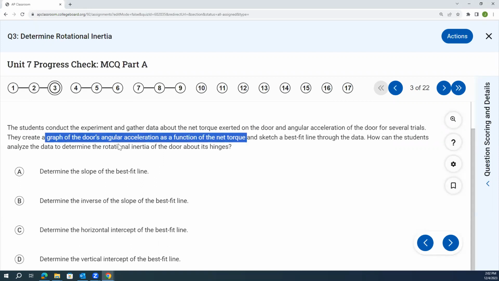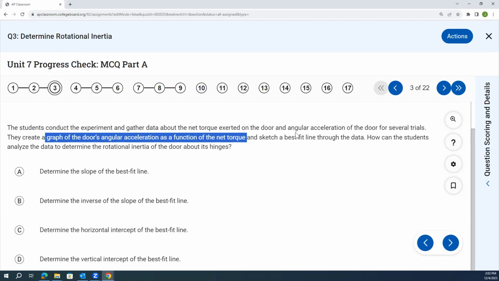Now angular acceleration may be something we could calculate. It was one of those middle calculation steps we were thinking about earlier, right? How far did it turn? How much time? We could set up some kinematic equation and figure that out. But hey, angular acceleration and torque, I can already think of an expression that links those two variables. Isn't torque equals I times alpha?